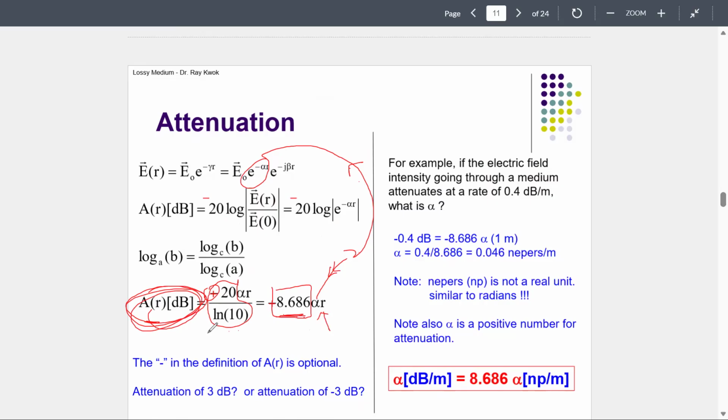Of course, different distances will give me different attenuation. So 8.686 is the one that we use a lot. I'm going to put this in the cheat sheet, but whether this is dB per meter or dB, they're the same. You have to know how to use it.